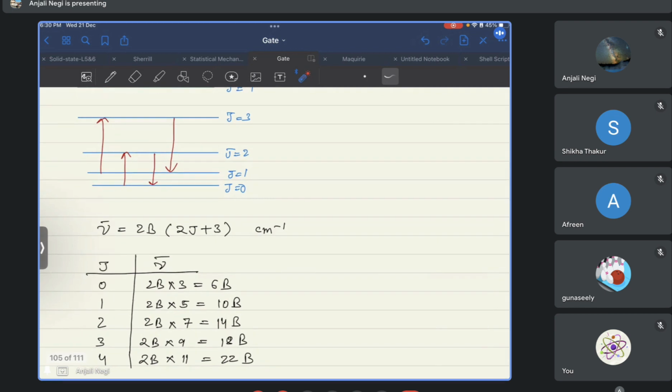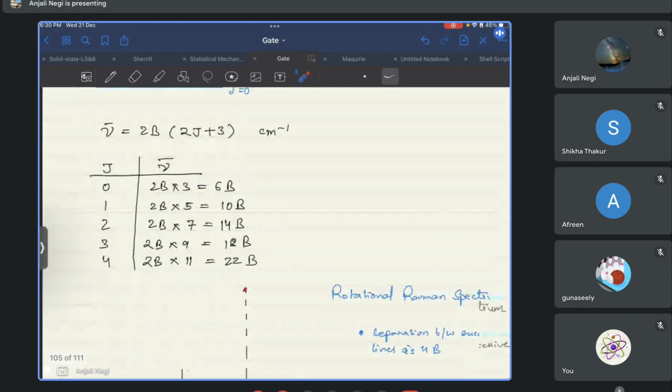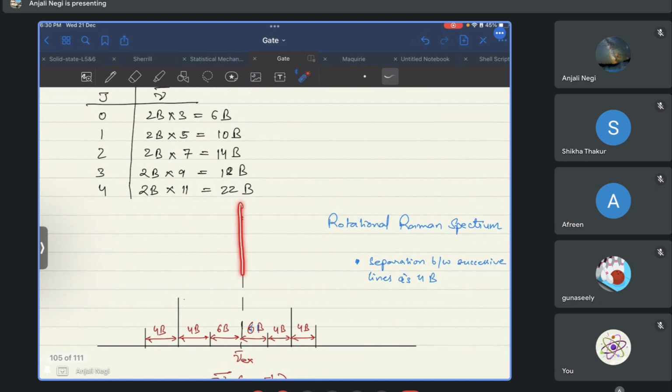So for J equal to 0, from my excitation wavelength, say this is my excitation wavelength, my mu excitation, if I add the difference of 6B, I will get here, which is J equal to 0. Now for J equal to 1, from here I will have a difference of 4B, because the line is at 10B, which is 6 plus 4.